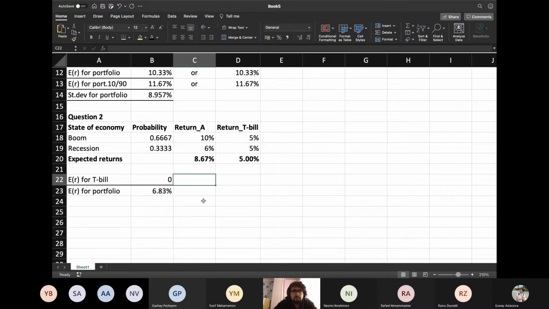This is our expected return process. We took half of the returns for each asset.